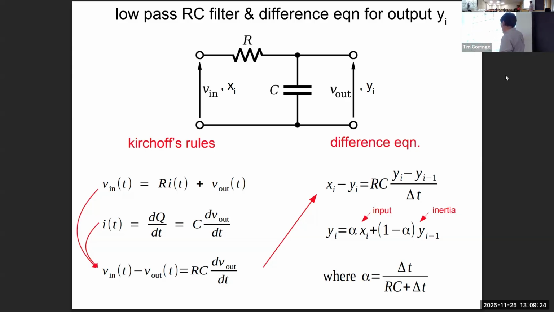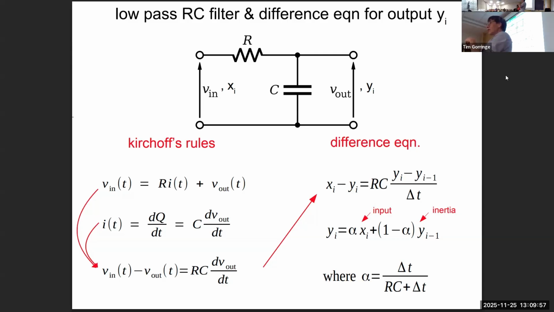So this is just recognizing that this differential is the slope, and using first order Taylor expansion, we can write that slope by this approximation. And so I plug that in. At that point, you've got an equation that contains yi in terms of the xi and the previous yi minus 1.